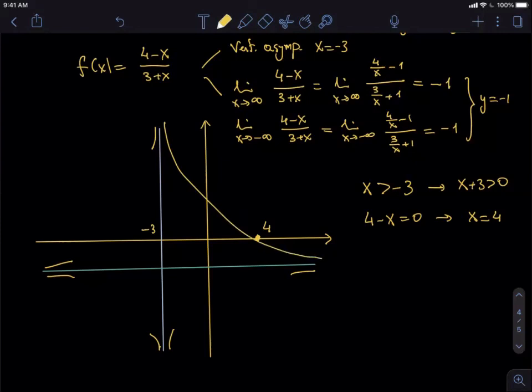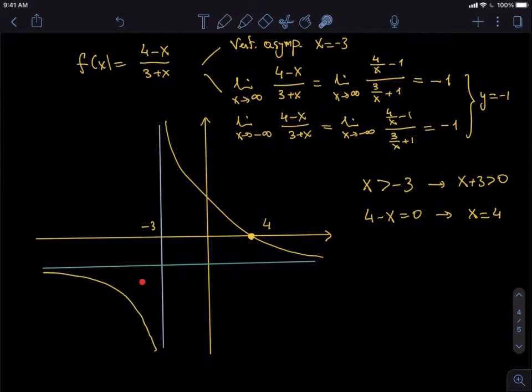Then we can erase the other guidelines. And now my guess is that the function on the other side is going to look something like this. Once you have this guess, you should confirm it, just seeing if the signs are correct.